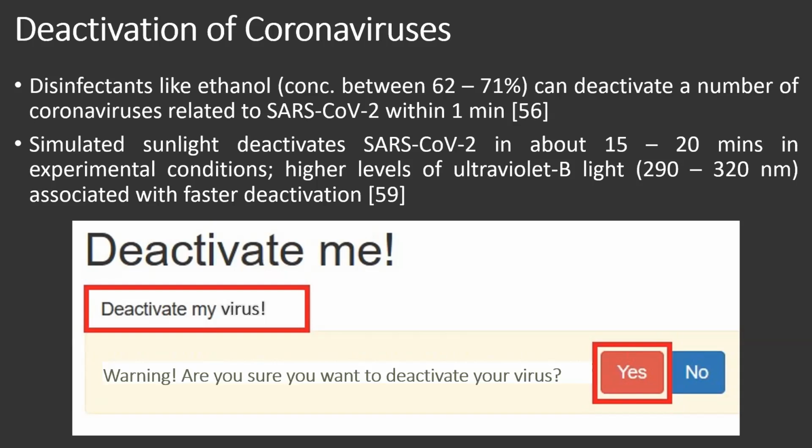And simulated sunlight has also been shown to deactivate SARS-CoV-2 in about 15 to 20 minutes in experimental conditions, with higher levels of ultraviolet B light with wavelengths of 290 to 320 nanometers associated with more rapid deactivation. So we can draw from this data the importance of environmental disinfection in the home and healthcare setting.